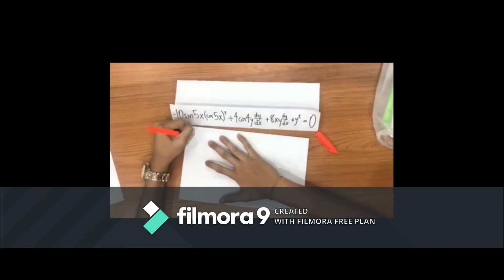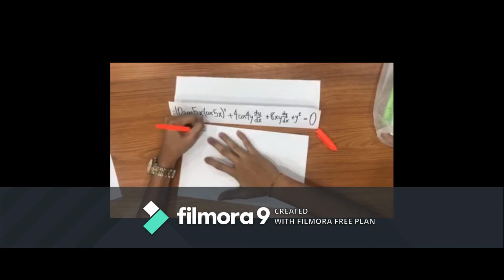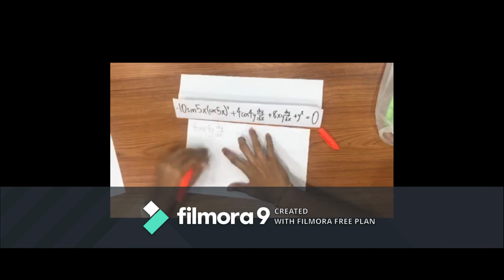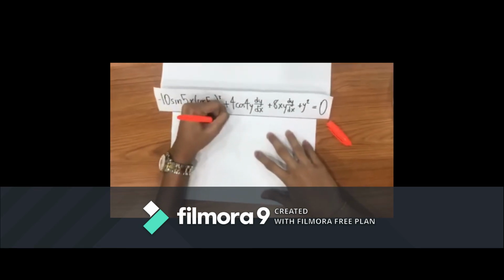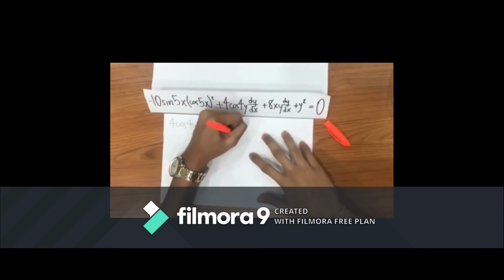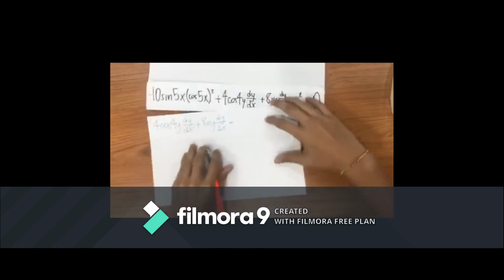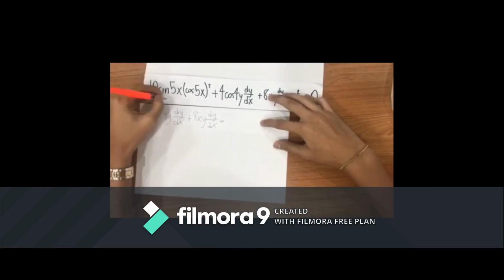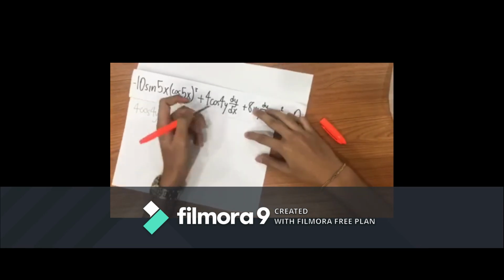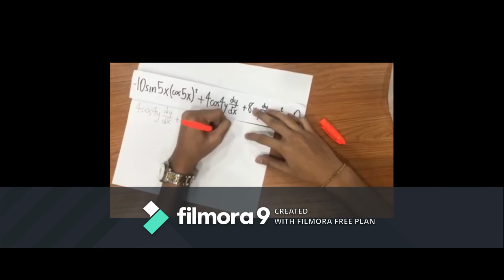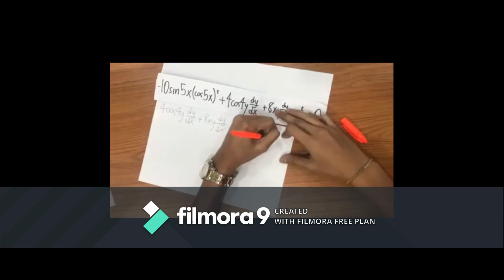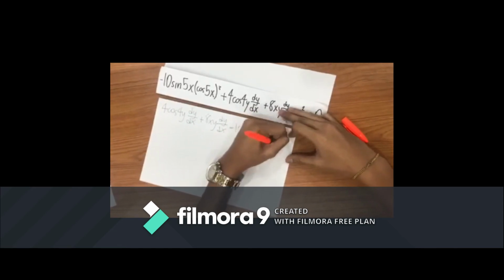So 4 cosine 4y dy over dx plus 8xy dy over dx is equal to, so transpose the negative 10 sine 5x cosine 5x cubed, it's going to be 10 sine 5x cosine 5x cubed.